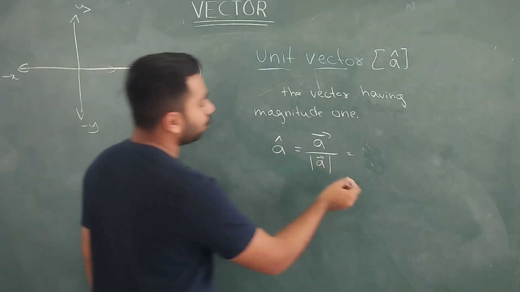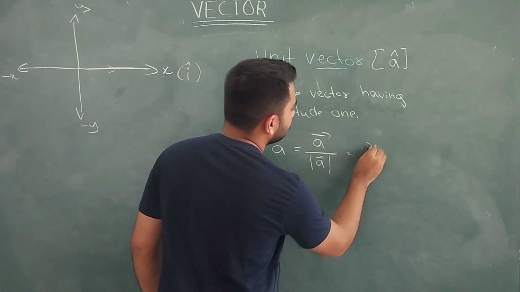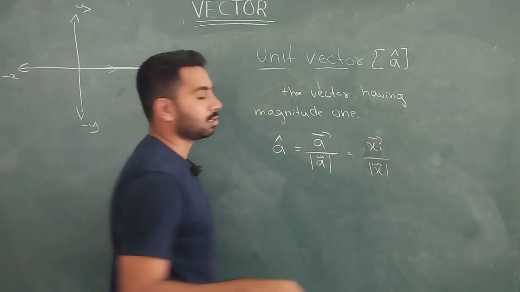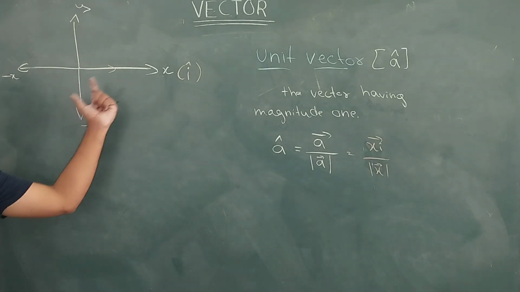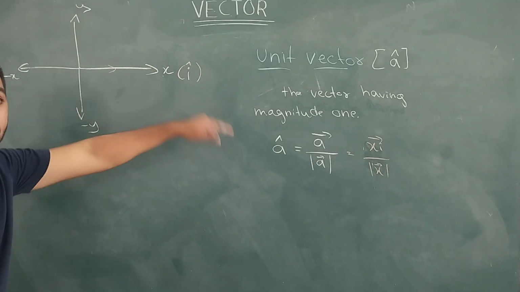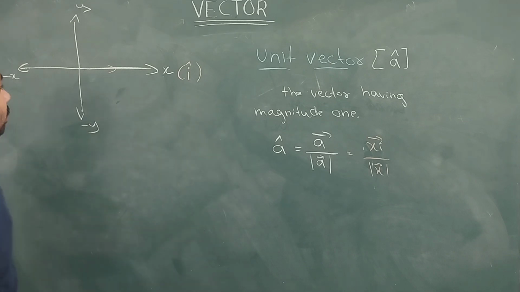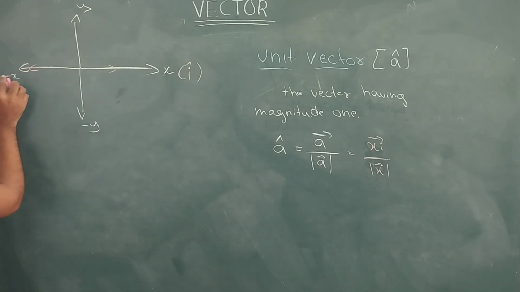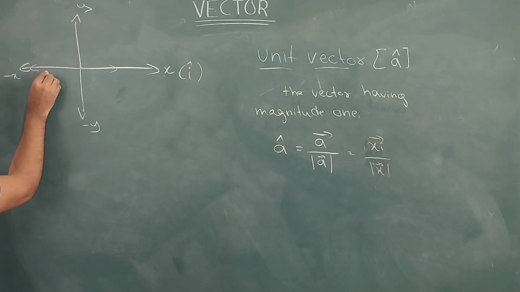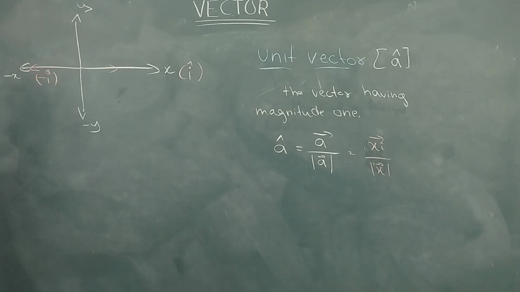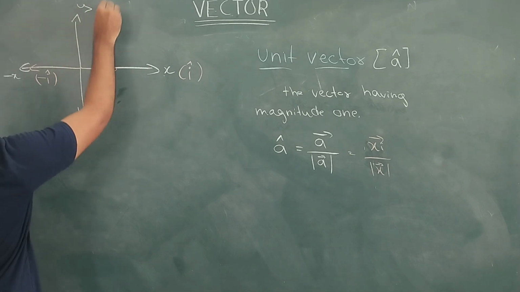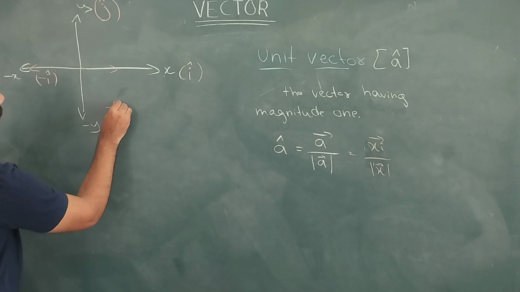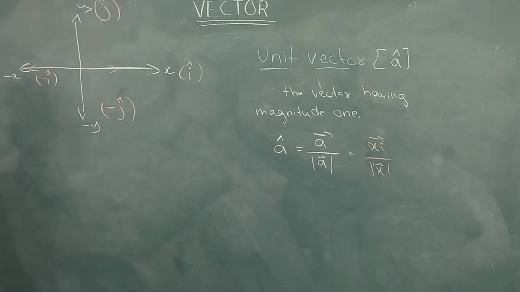Here it is the unit vector of x positive, here it is the unit vector of x negative, and here it is j. Now y is equal to j, minus y is equal to minus j.